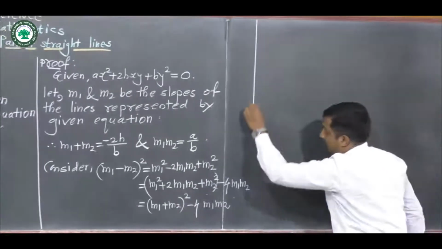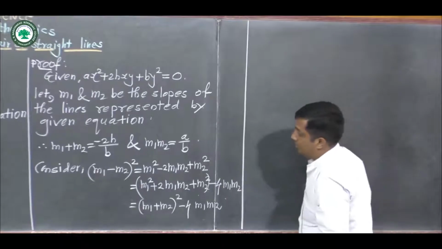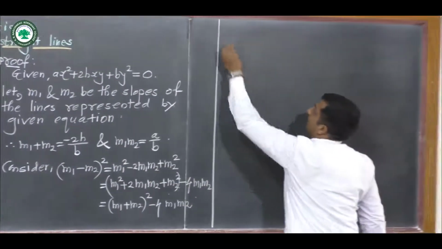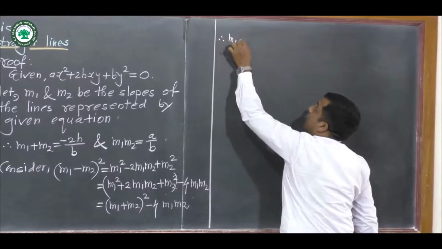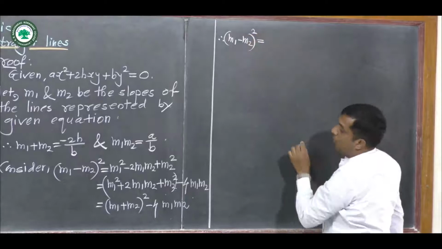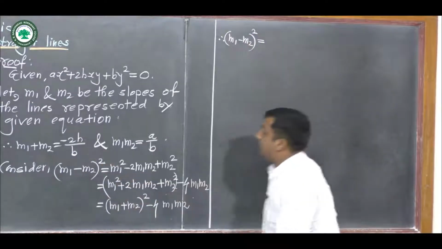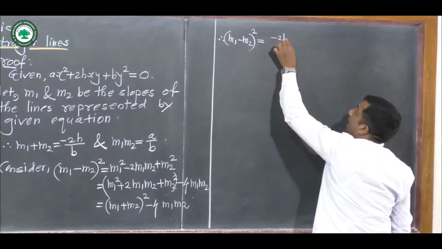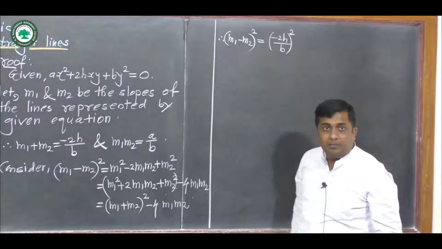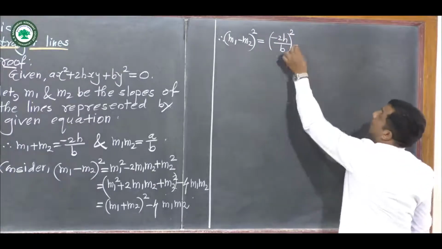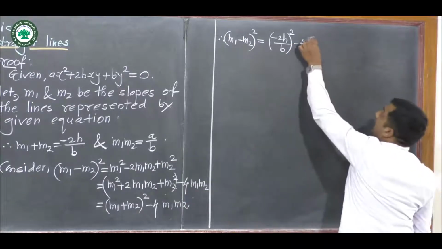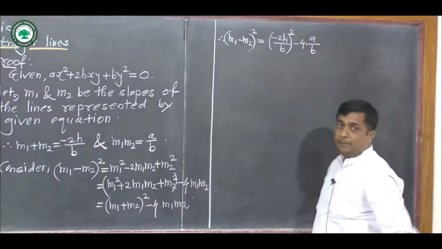So we replace these using minus 2h upon b and a upon b. Therefore m1 minus m2, this bracket square, is equal to m1 plus m2, which is minus 2h upon b, this bracket square, then with minus sign 4 into m1 m2, which is a upon b.